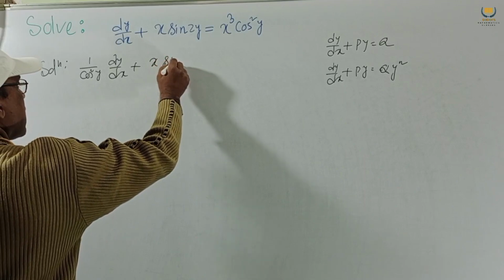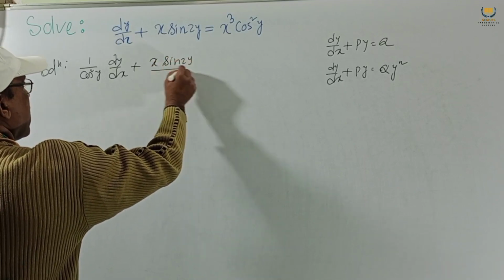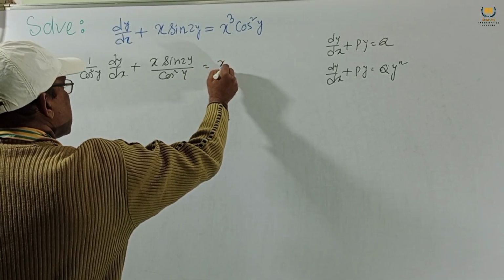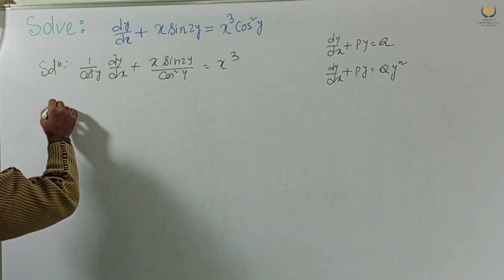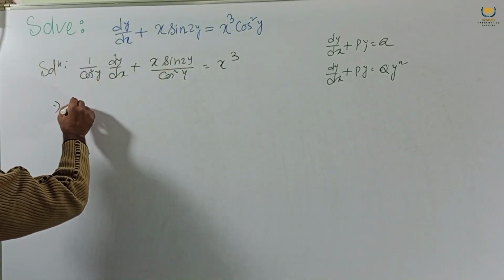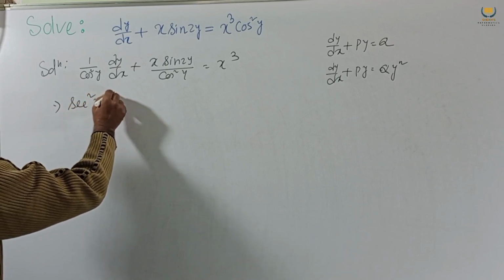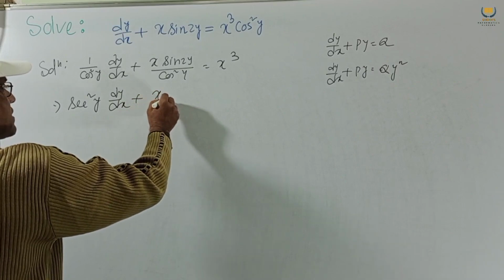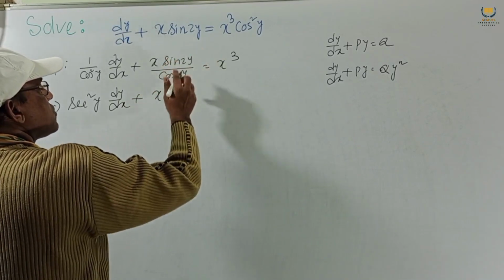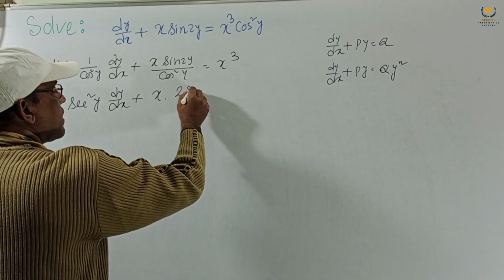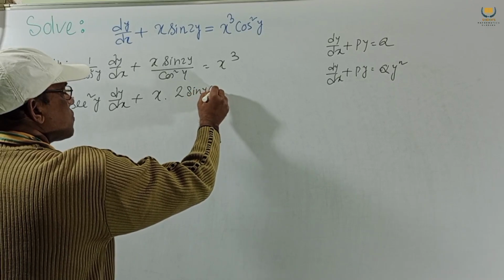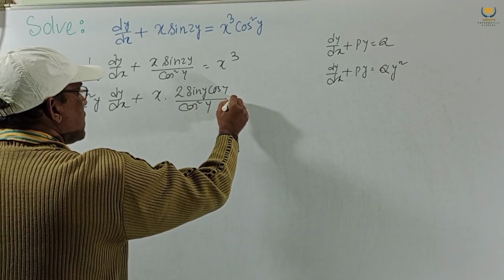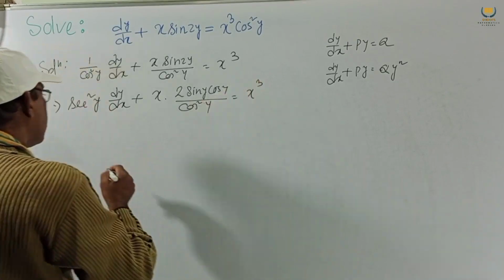We get x sin 2y by cos square y, this is x cube. And 1 by cos square means sec square y, dy/dx. x sin 2y, this is 2 sin y cos y by cos square y, equal to x cube.